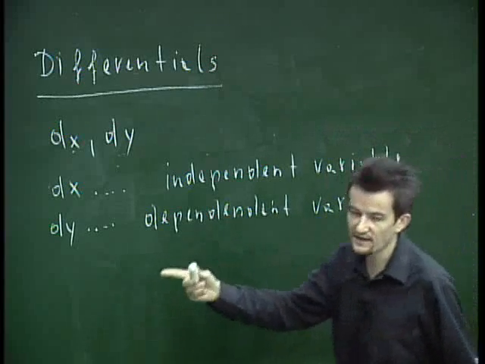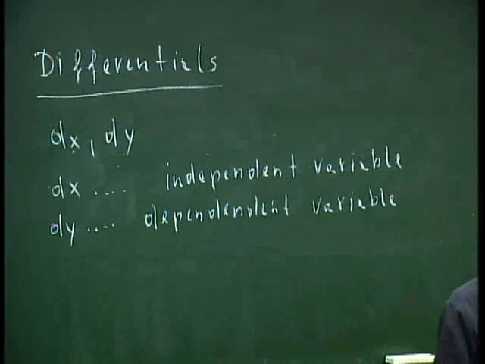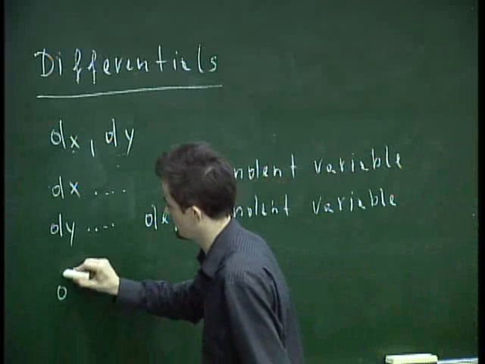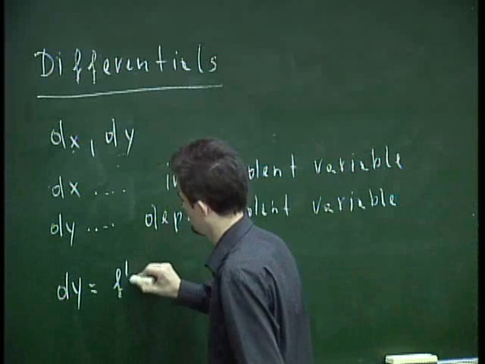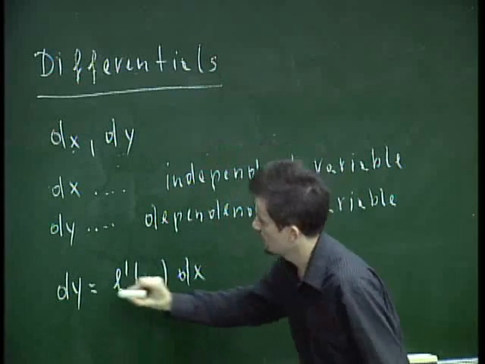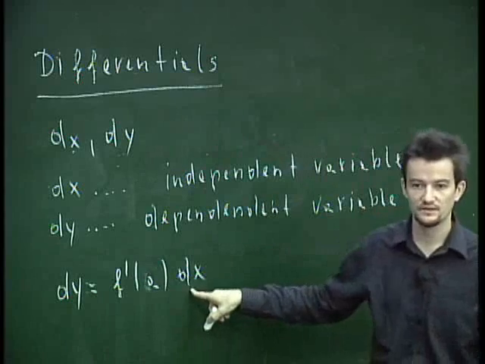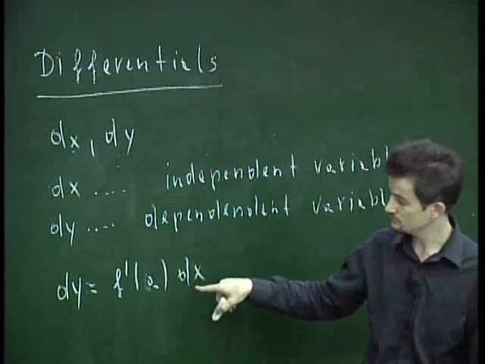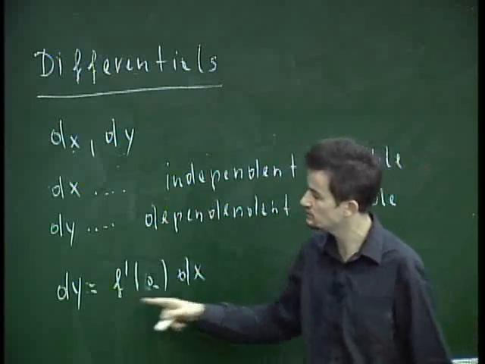So actually, dy is a function of dx. And how is this function defined? By this expression: dy is equal to this function here. dx is the variable, and for a certain dx, you compute dy like this.